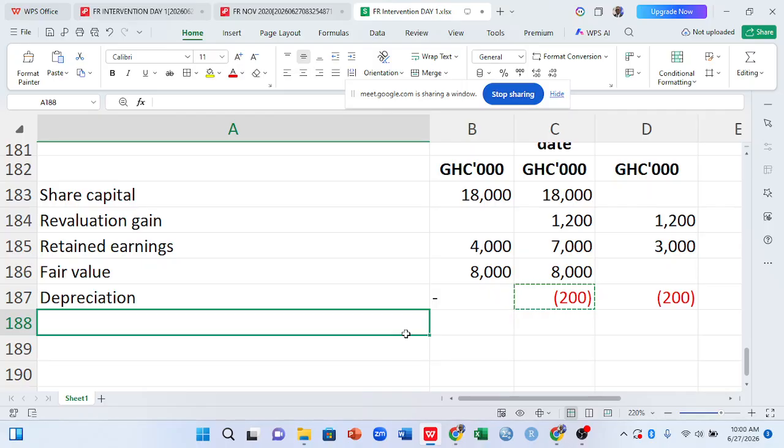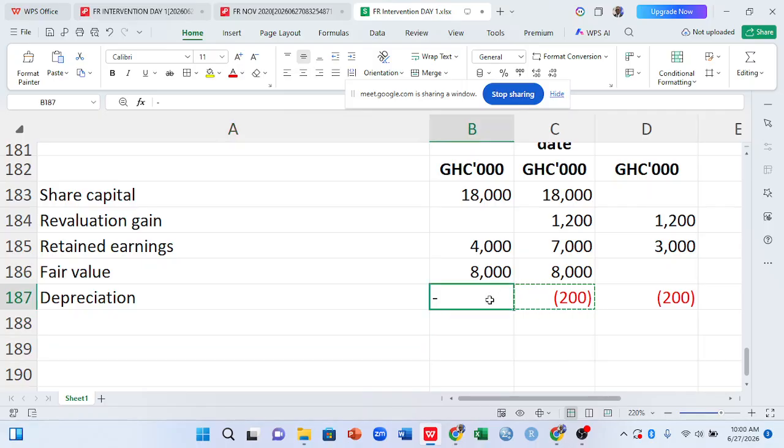So this will be the depreciation that we need to bring. Then the provision for unrealized profit, we realize that it's related to the parent, so we're not going to bring that here. I think that will be all for now. So we sum this up.